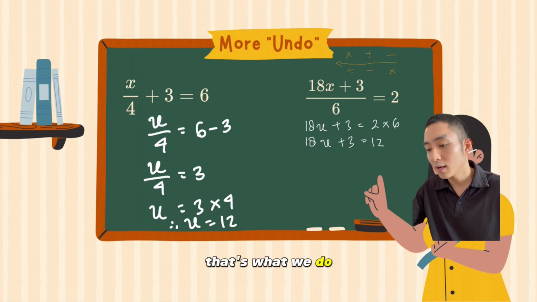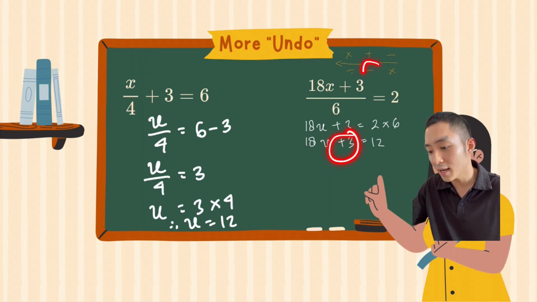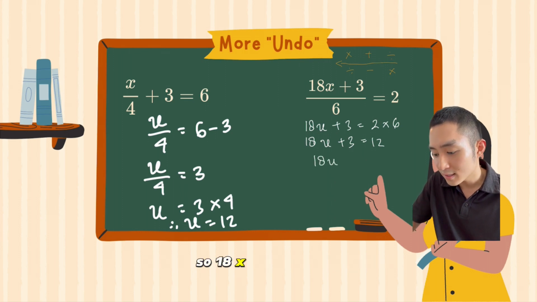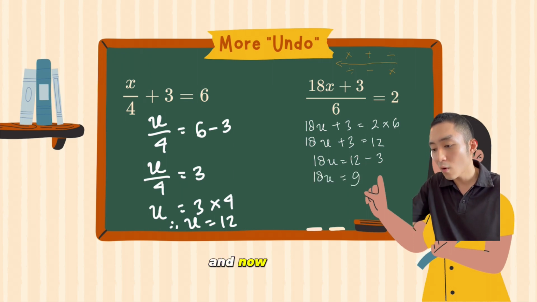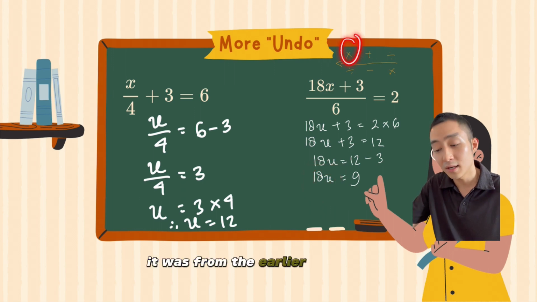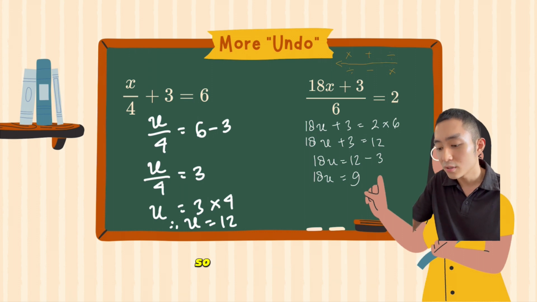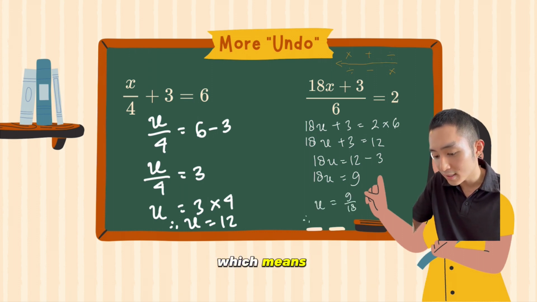Now, we have plus 3, in which we need to subtract 3. So 18x equals 12 minus 3. So 18x equals 9. And now we have multiplication, which was from what we did earlier, and we need to reverse that with division. So x equals 9 over 18, which means x is half, or 0.5.